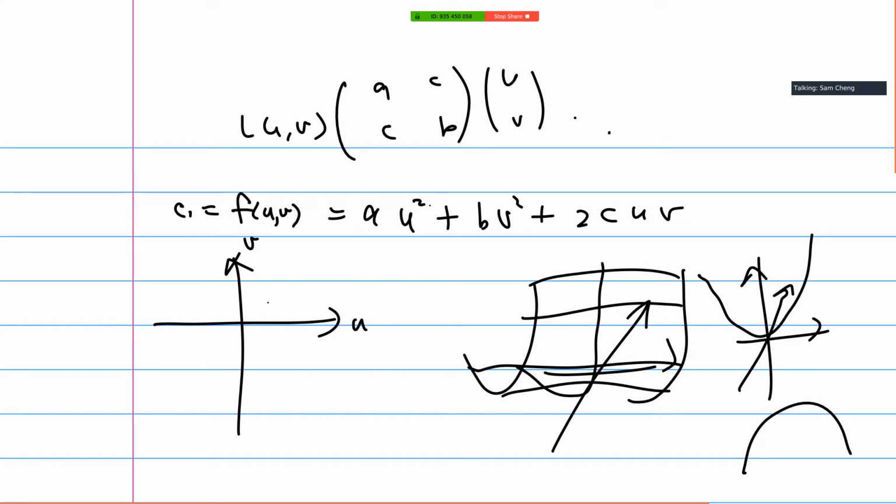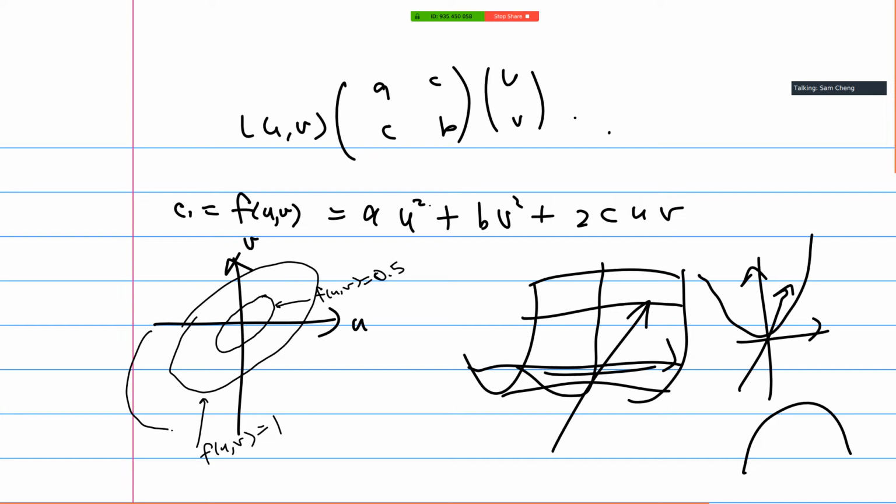Let me draw it more interestingly. This is f(U,V) equal to C1, let's say equal to 0.5, and then I have another one, f(U,V) equal to 1. Maybe this is the level f(U,V) equal to 2.